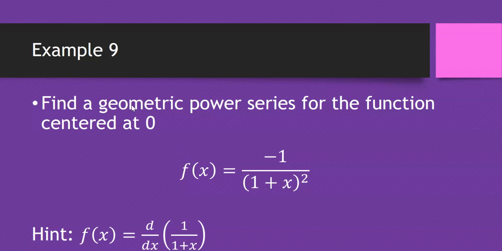Well, if you want to find a geometric power series for this function centered at 0, you just have to realize that this is the derivative of 1 over 1 plus x. So instead of integrating the power series that represents 1 over 1 plus x, you can take a derivative of the power series that represents 1 over 1 plus x.